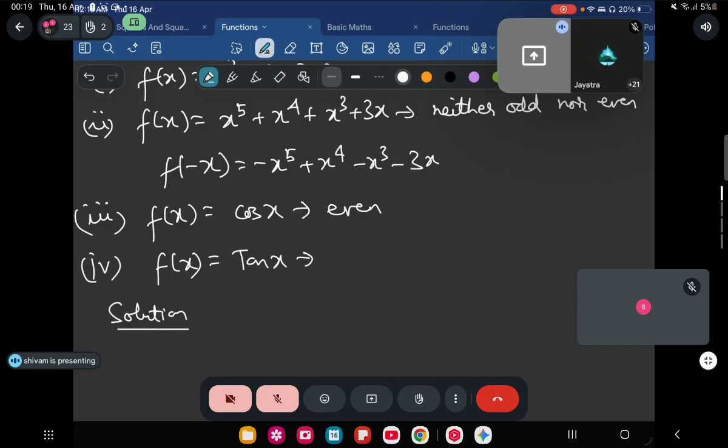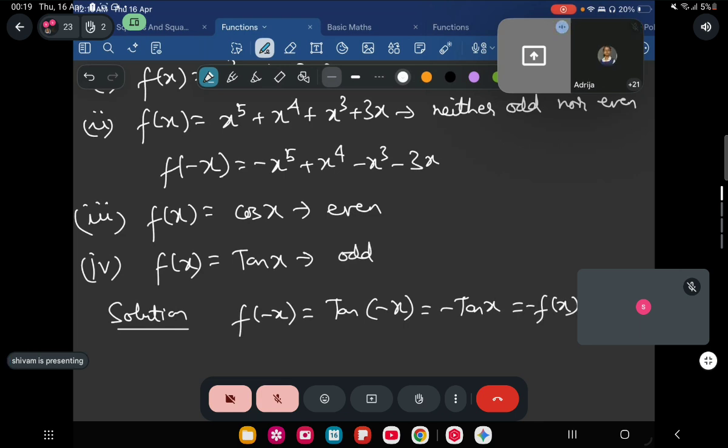See, everyone, f of minus x will be equal to tan of minus x, right? And tan of minus x is minus tan x, right? Which is minus f of x. So it is odd. It's very simple.